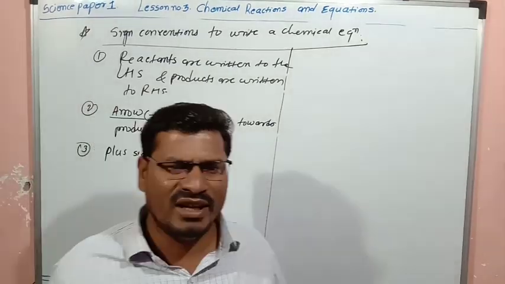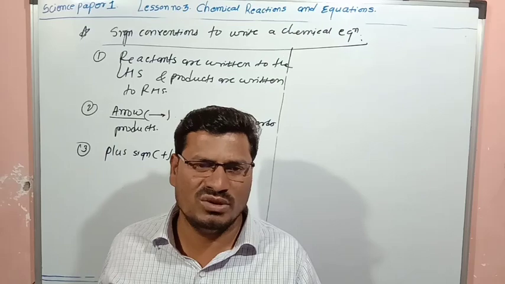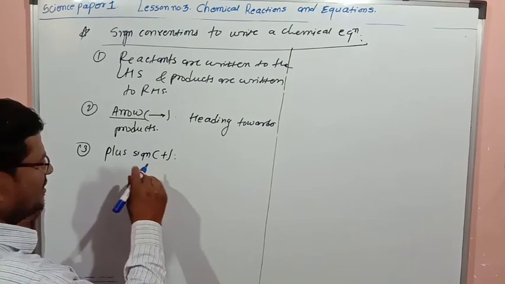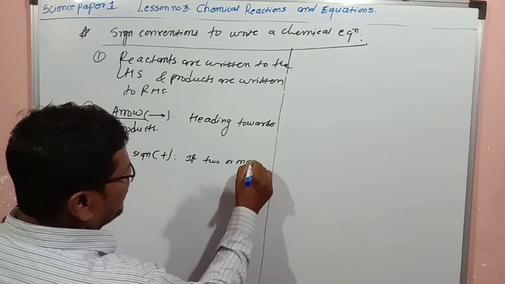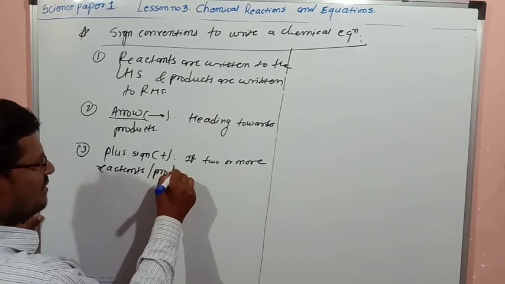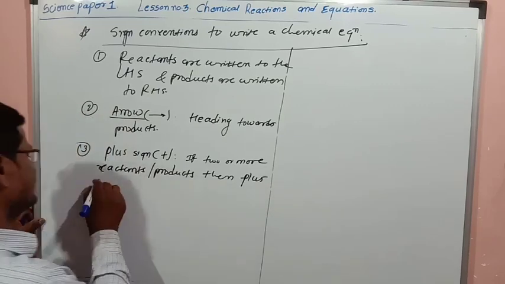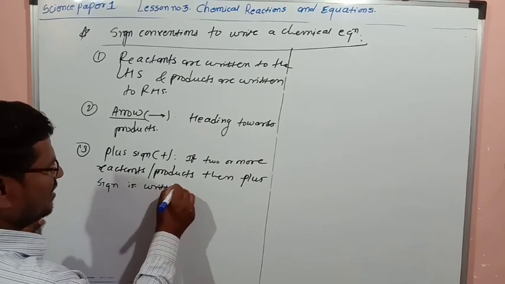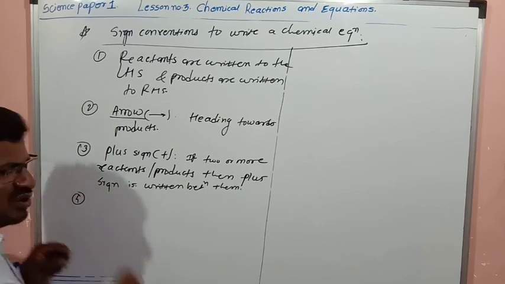If 2 or more reactants or 2 or more products are there, a plus sign is written between them. These are joined with the help of the plus sign.